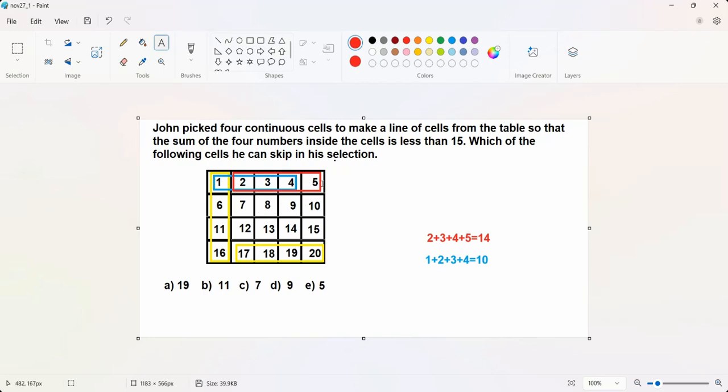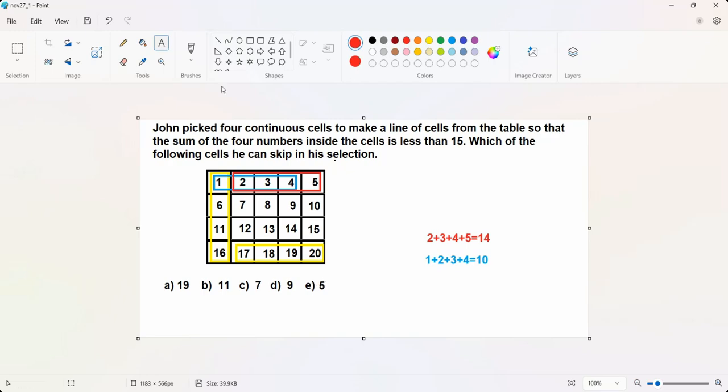If you look at both the rectangles, the blue one and the red one, you'll see that he has to select 2, 3, and 4. He must select 2, 3, and 4 to get less than 15. But he can skip 1 or 5.